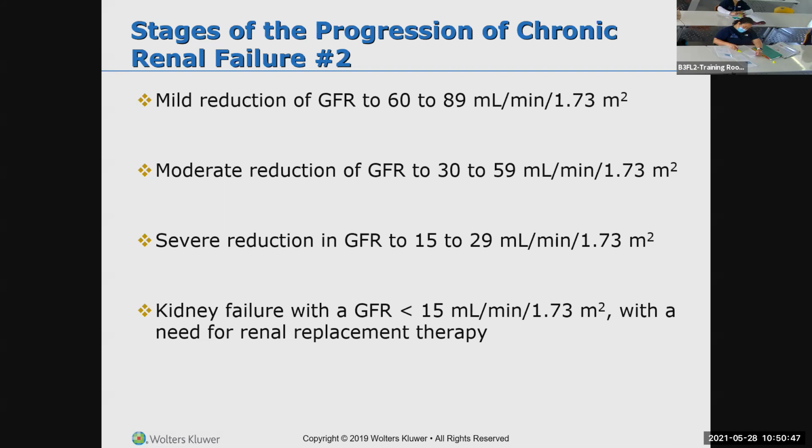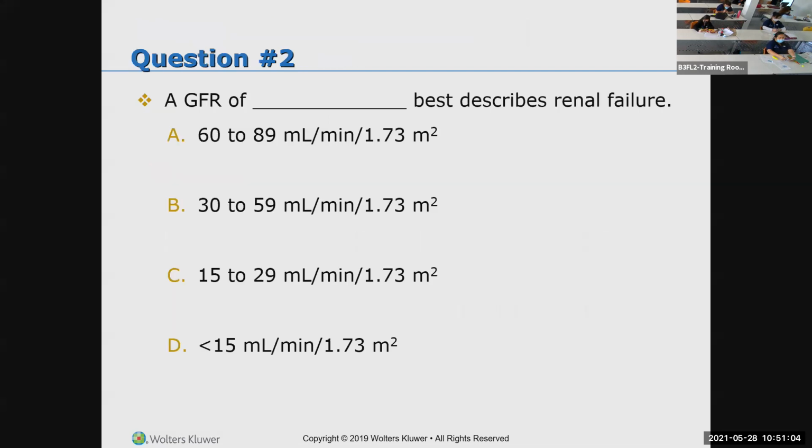Normal healthy adult, according to the textbook over here, is above 90. And in anatomy, a normal healthy adult is almost 125 ml per minute, based on your blood supply. Okay.